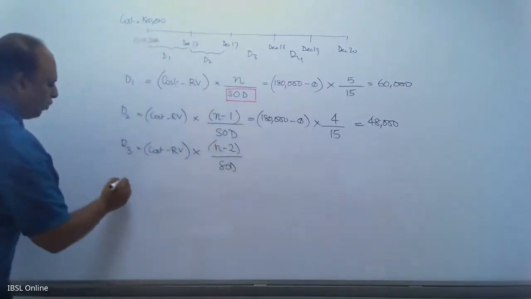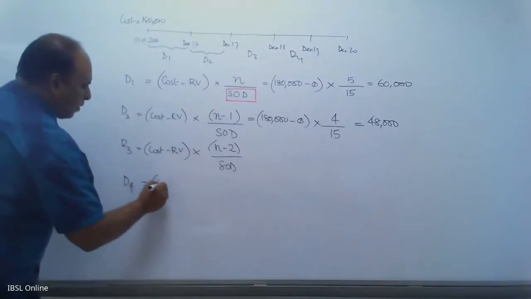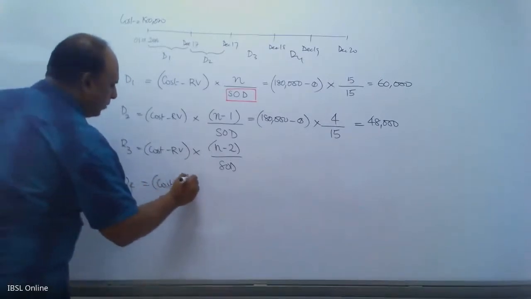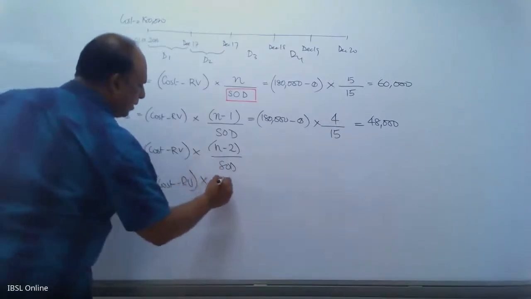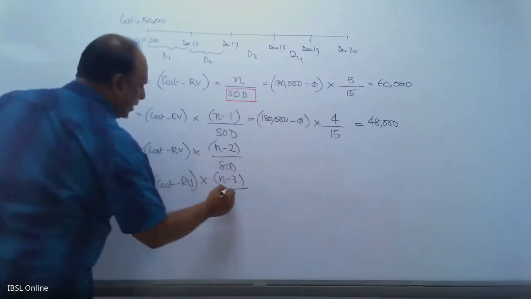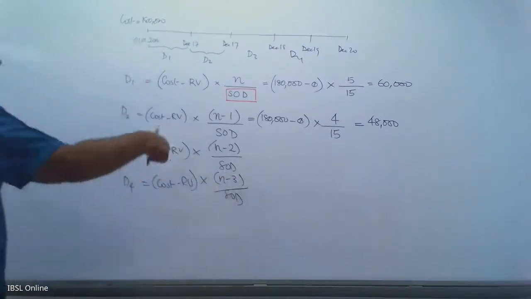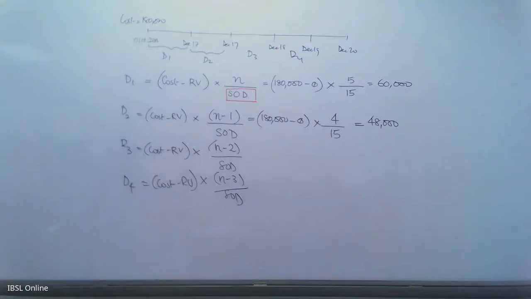When you go to D4, cost minus residual value into n minus 3. Then the next one will be n minus 4. With that, it is over.